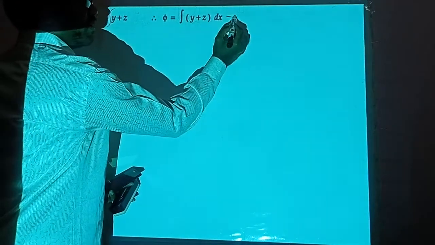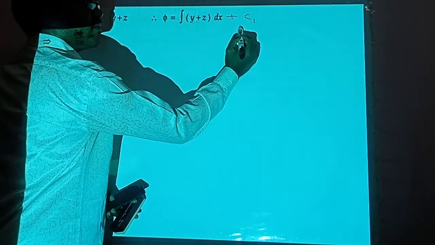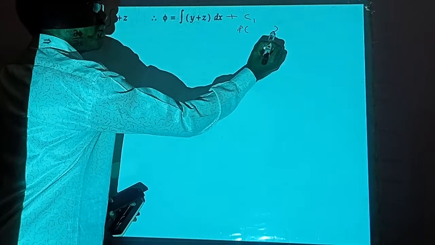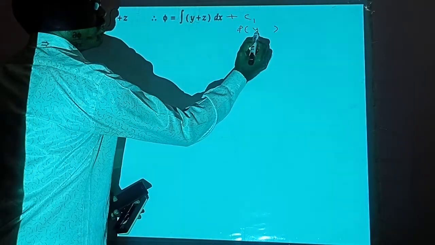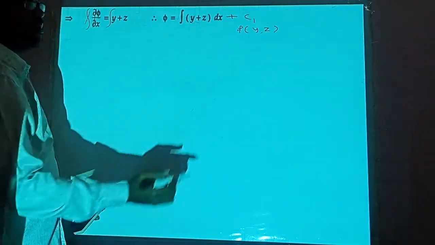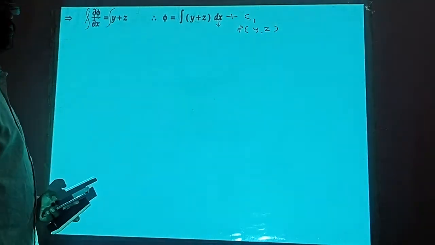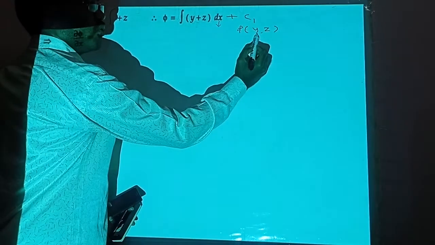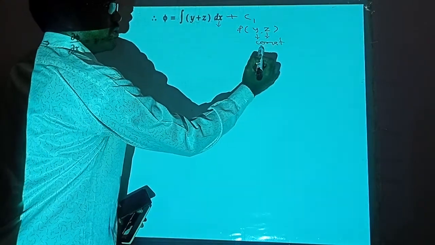So instead of writing c1 as the integration constant, we take it as a function of y comma z, because if you are integrating with respect to x, your y and z are constants.